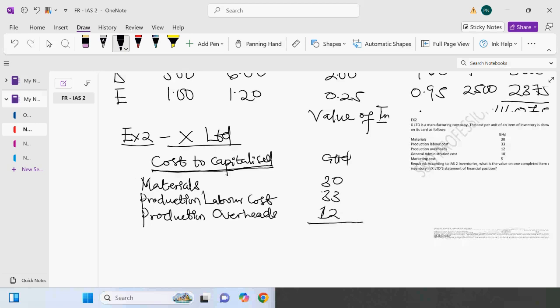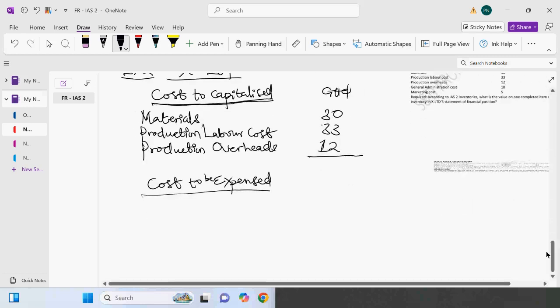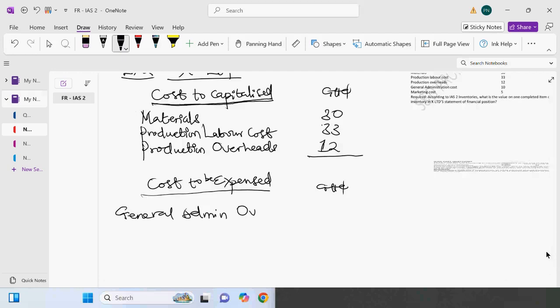So now the three gives us the cost to be capitalized. Then the costs to be expensed: general administration overhead, that is how much? 10, right?